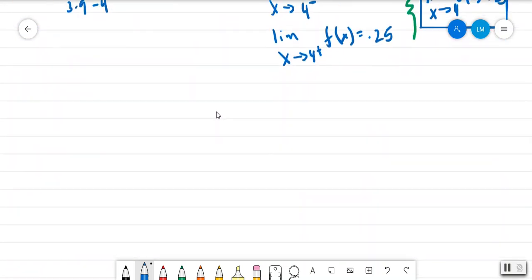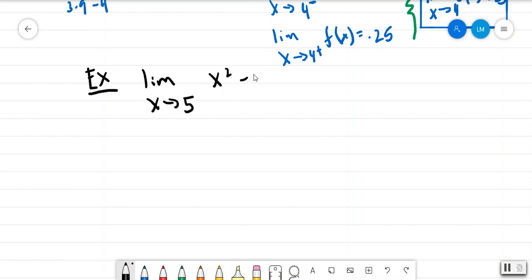Now, the other thing that we can look at, for example, is how do we solve a limit problem? So we have the limit as x approaches 5 of x squared minus 25, all divided by x minus 5.